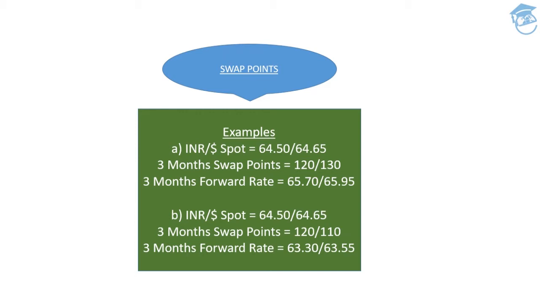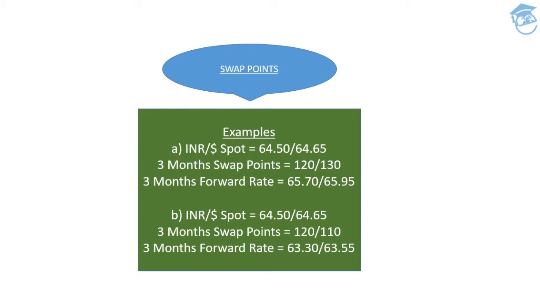The same has been shown in example number 2, that is the B example. Here I have mentioned that the $1 spot rate is available bid 64.50 and ask 64.65. Now the 3-month swap points which are available to us in the example are 120 in bid and 110 in ask. So now since it's diminishing, I just need to decrease the same from the spot points.